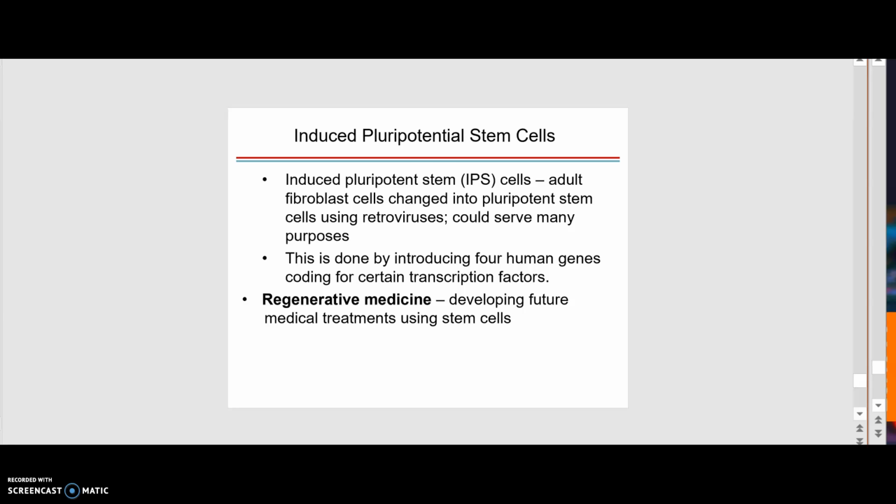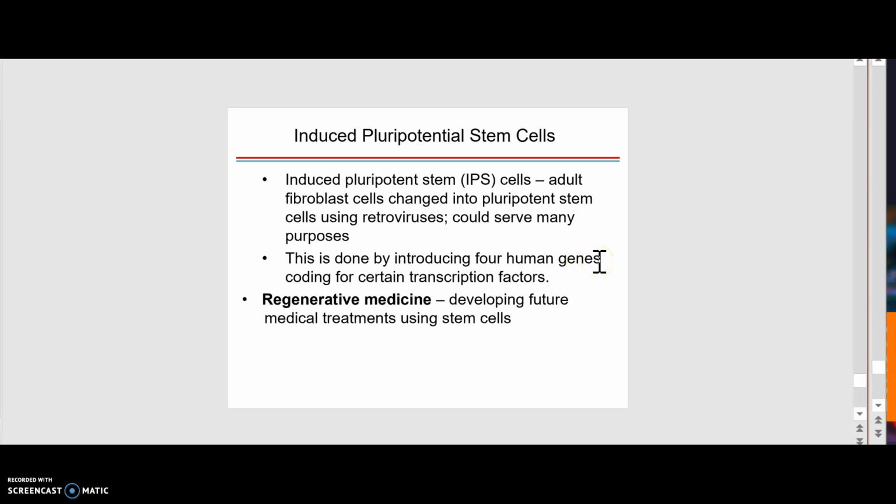Induced pluripotential stem cells. These are cells, adult fibroblasts can be changed into pluripotent cells using retroviruses. So in other words, you take an adult cell like a fibroblast, okay? You use a retrovirus to introduce some certain genes.